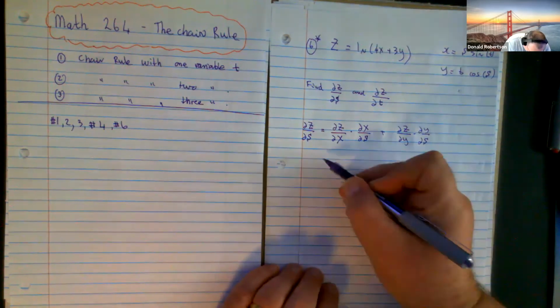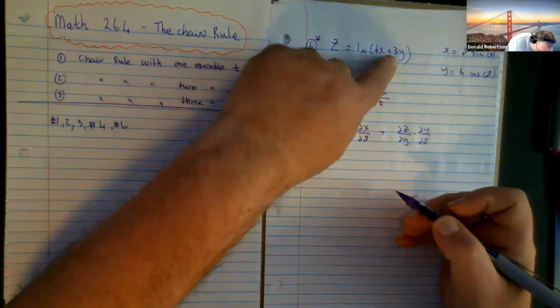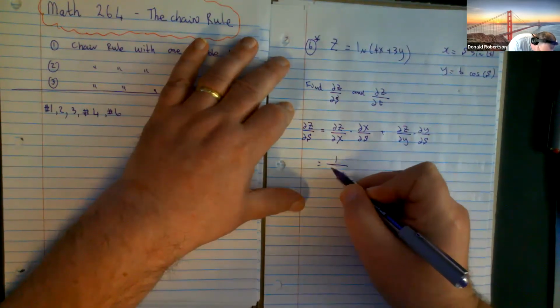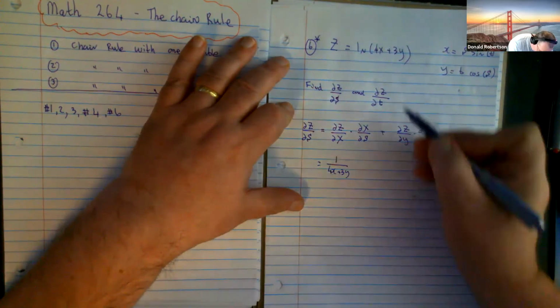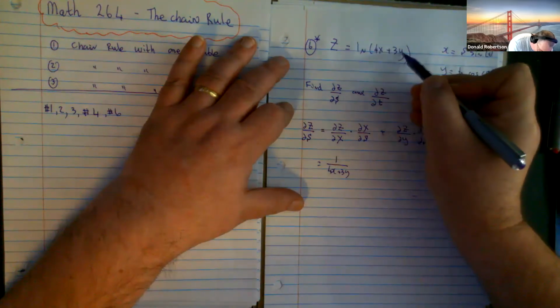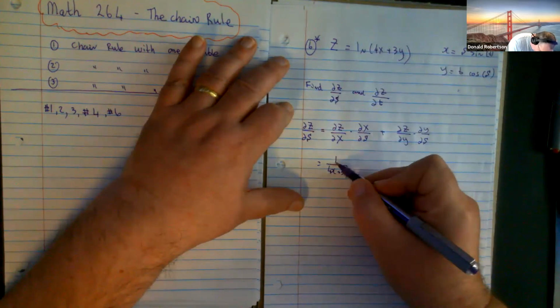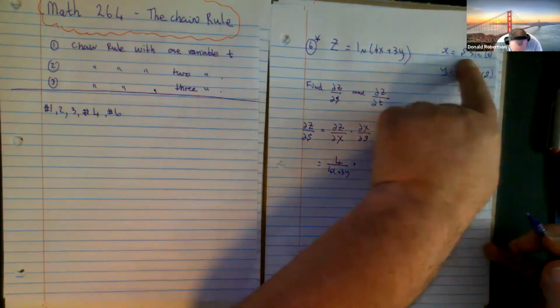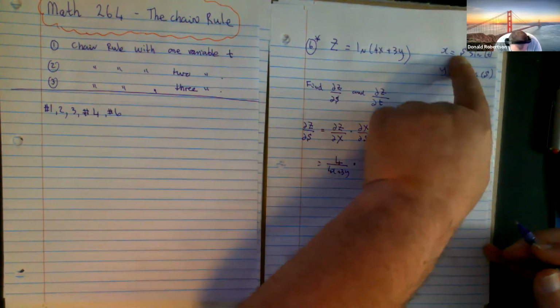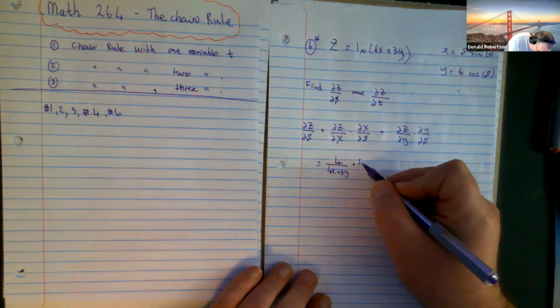Now, if you differentiate this fella with respect to x, you get 1 over 4x plus 3y, that's what the derivative of log is, times the derivative of the inside function with respect to x, so that now becomes 4. And then if you do this guy here with respect to s, all you get is sine t.